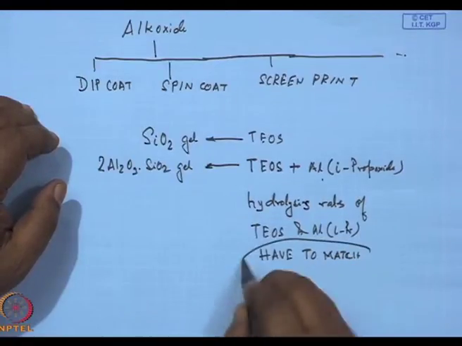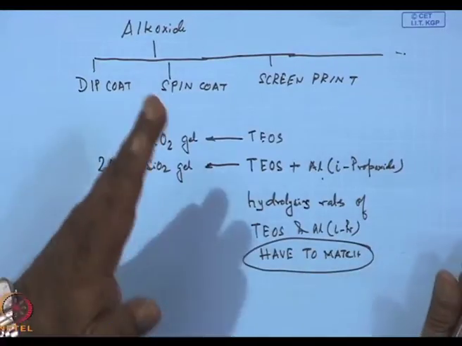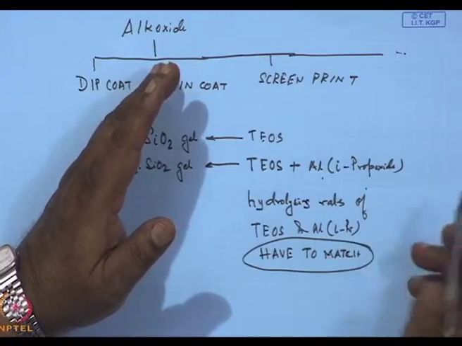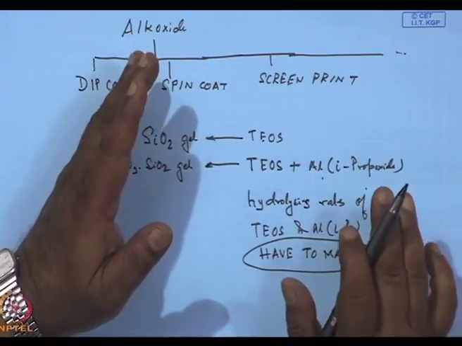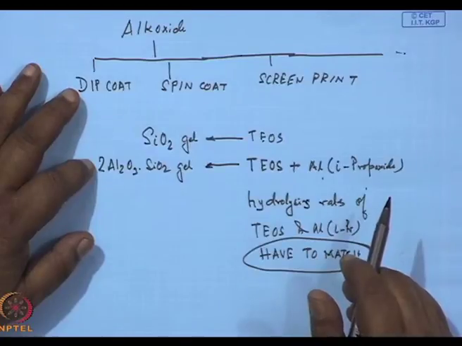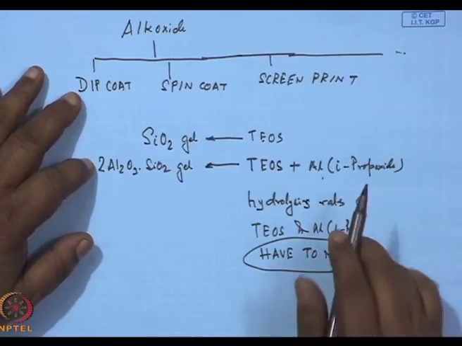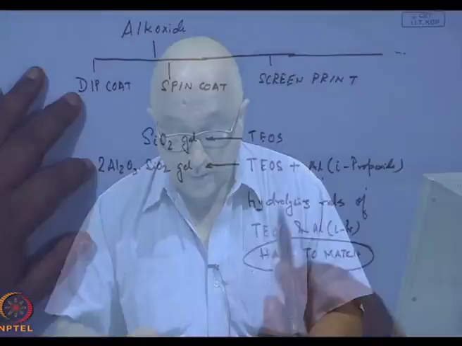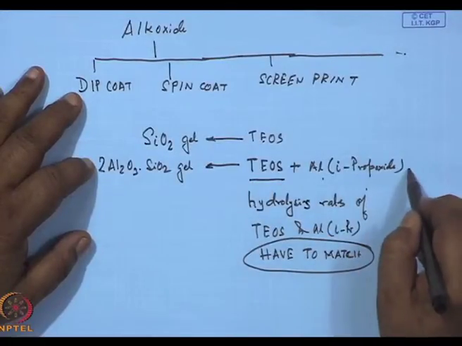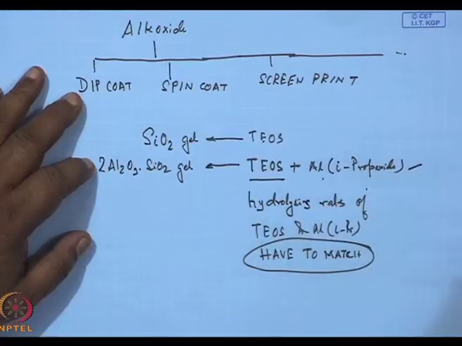That is, the rate at which the tetraethyl orthosilicate and the aluminum isopropoxide will hydrolyze has to be equal. Otherwise, what we will have is not the compound we want. Let us presume that for a particular media where I am using ethanol-water media, the hydrolysis rate of TEOS is distinctly different from aluminum isopropoxide.